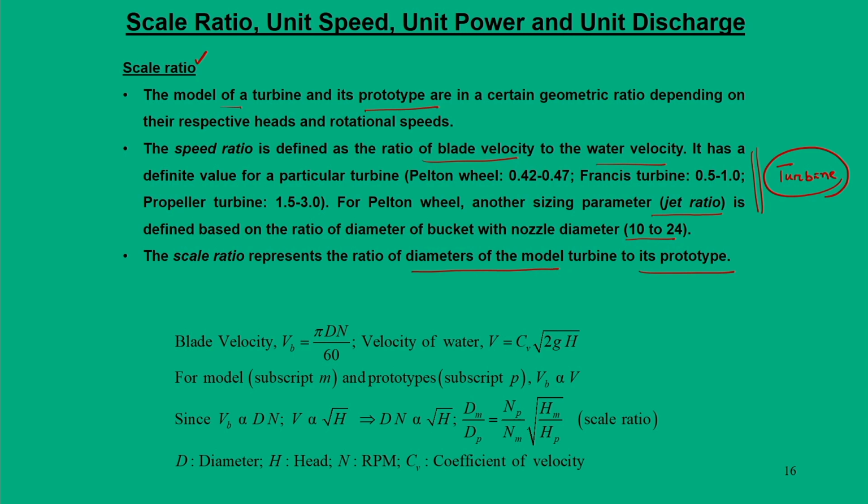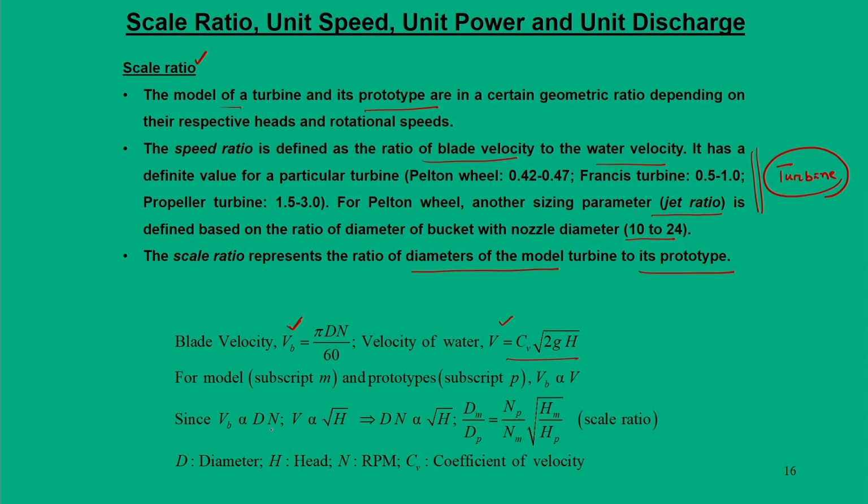Now, looking at the comparison between these two, what is the most common? One is VB, blade velocity. If you recall, this blade velocity or bucket velocity is pi DN by 60, and speed of water is square root of 2gH.